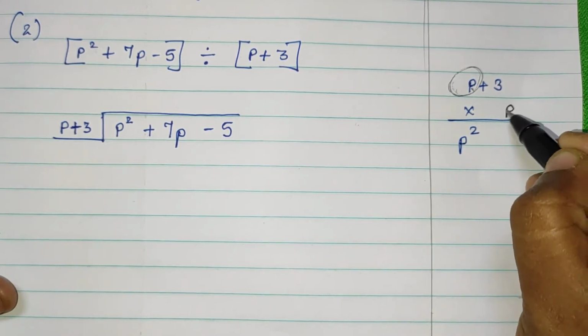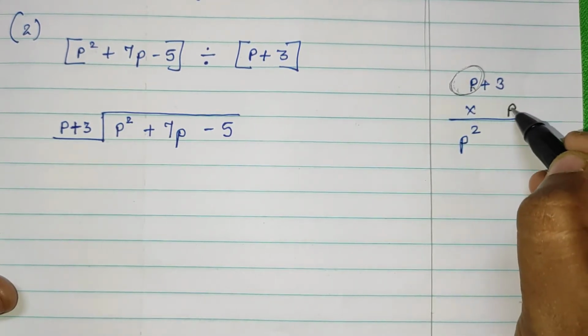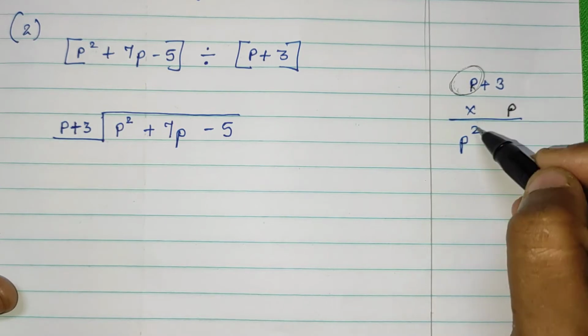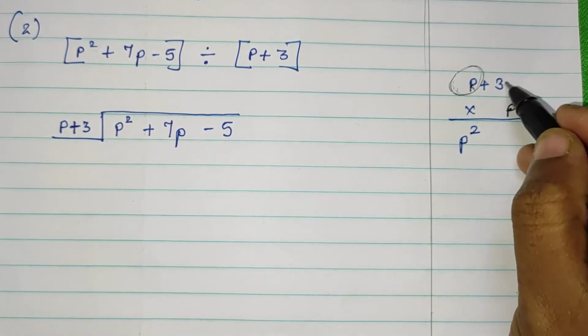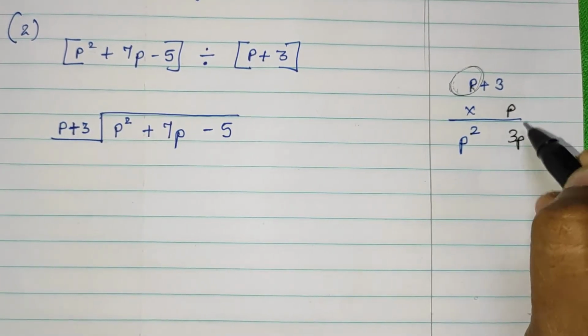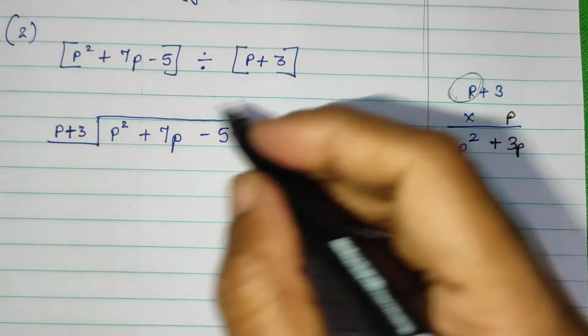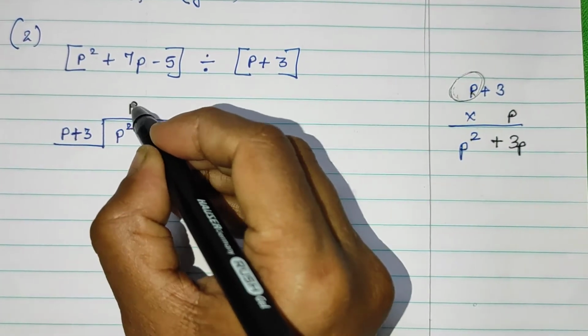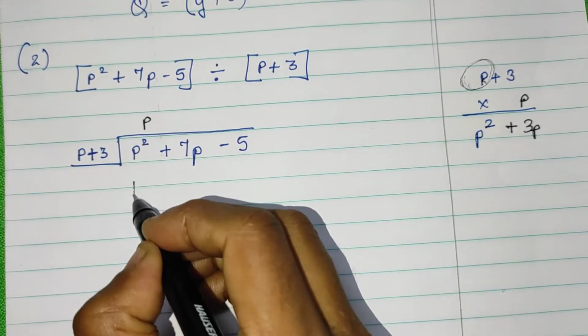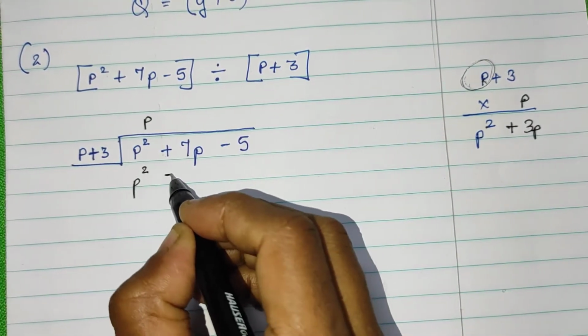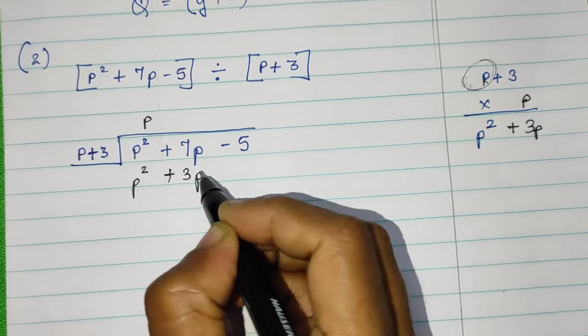You need one more p. p into p, p squared, and p into 3, 3p. You are positive, you are also positive. So when you multiply this term by p, you get p squared plus 3p.